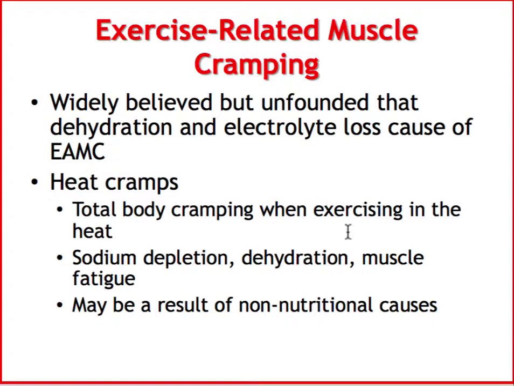They're instead probably related to neural sensitivity, so that your neurons are causing your muscles to contract when you are not voluntarily trying to have them contract. So it's probably more related to the misfiring of the neurons rather than dehydration, or rather than some electrolyte loss for most people.